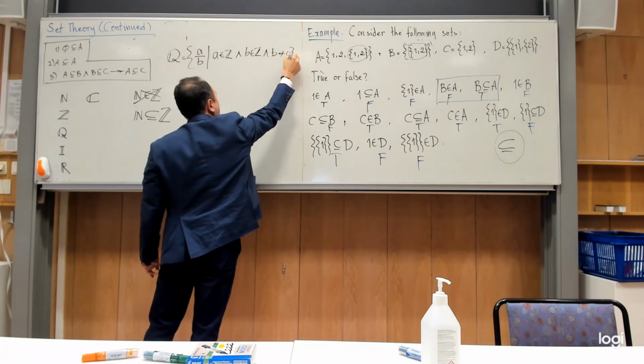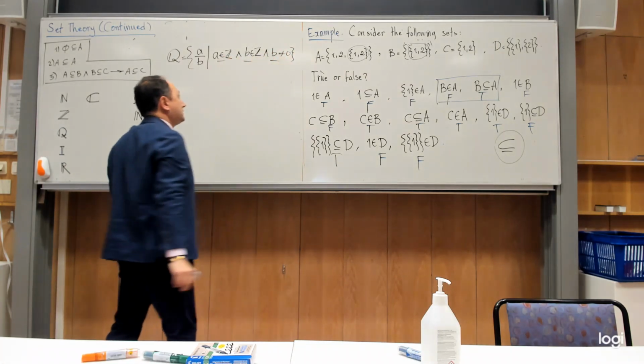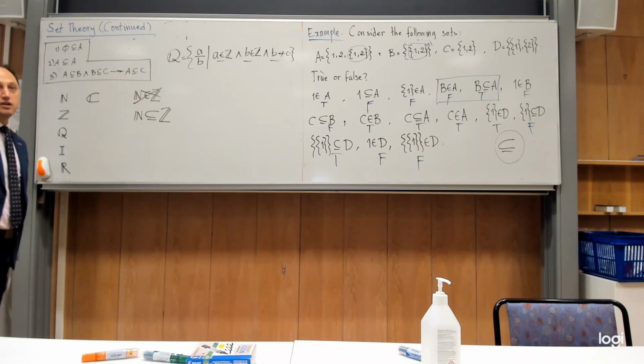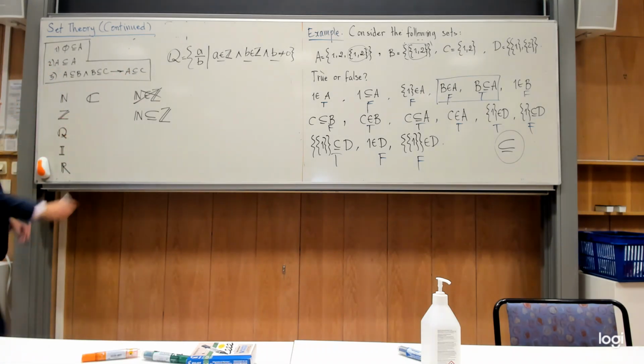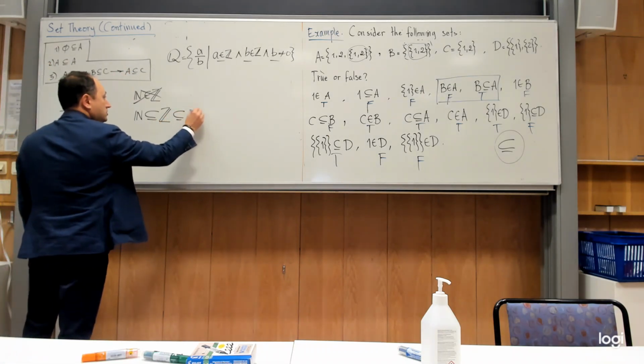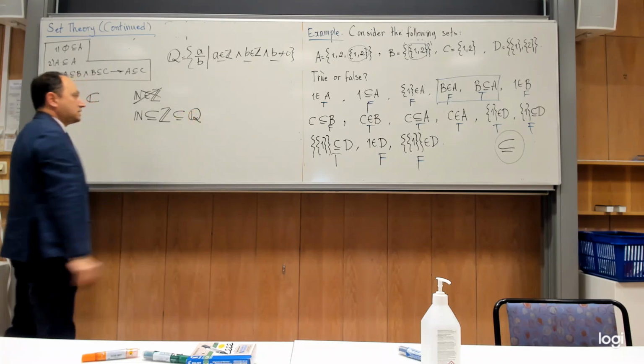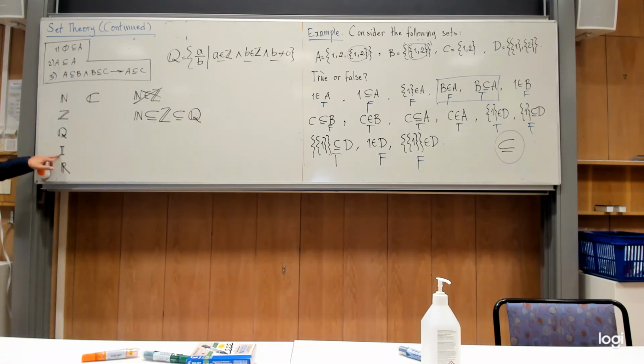So if you have a fraction with these three properties, that number is called a rational number. So this is why Z itself is also a subset of Q. But do you know what is irrational? What do we mean by an irrational number?